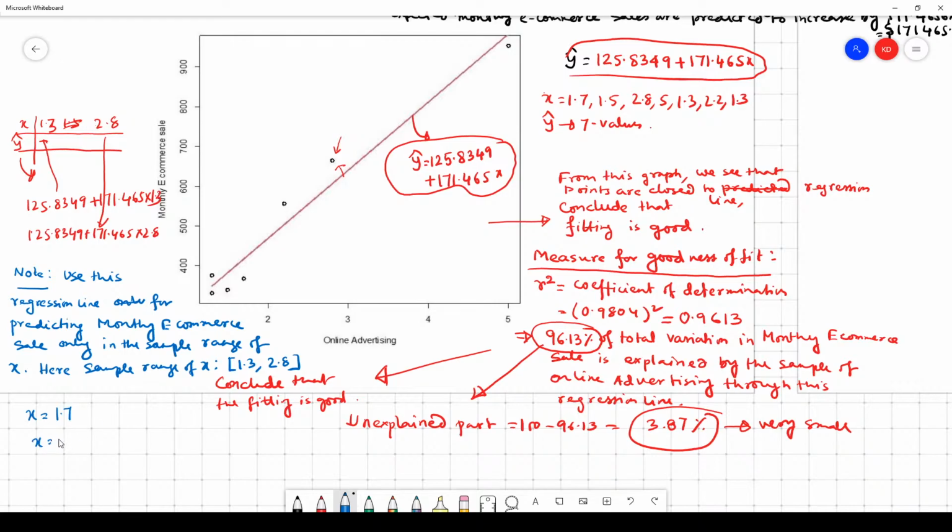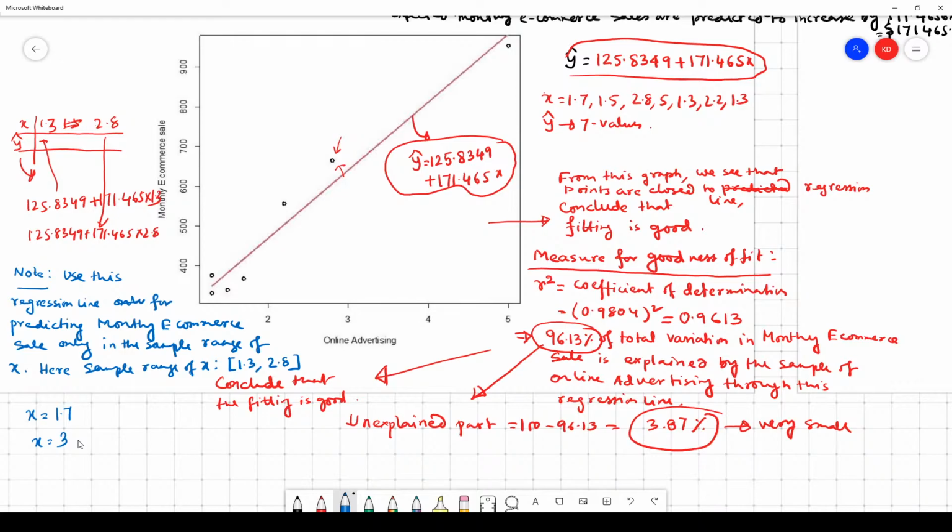But if we want to predict the e-commerce value when X is equal to 3, we cannot use this regression line, because we do not know outside the range of X what the relationship between X and Y is. This is the reason. So please be careful.